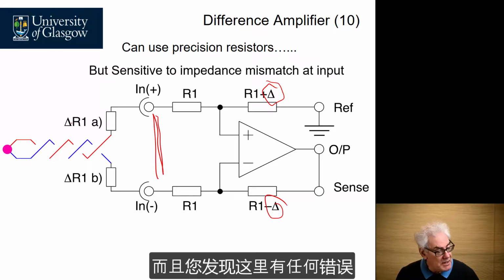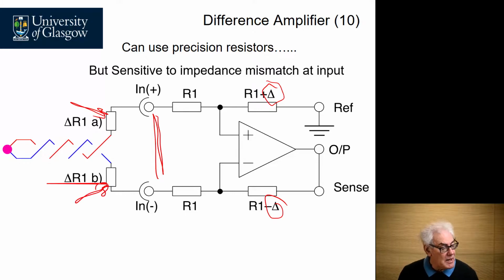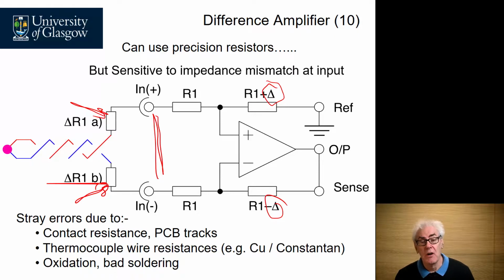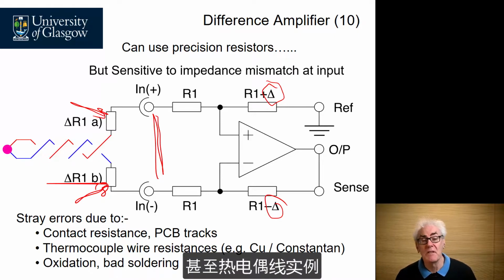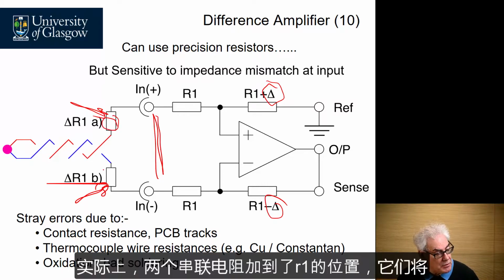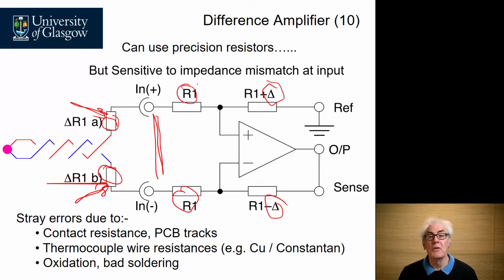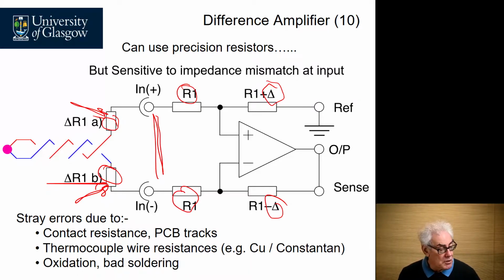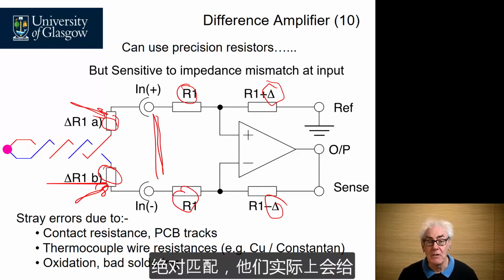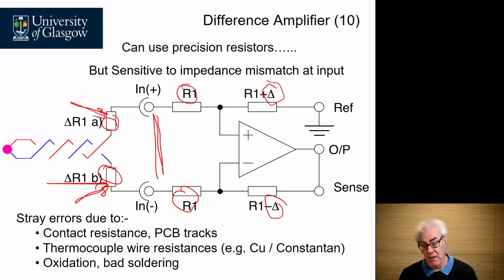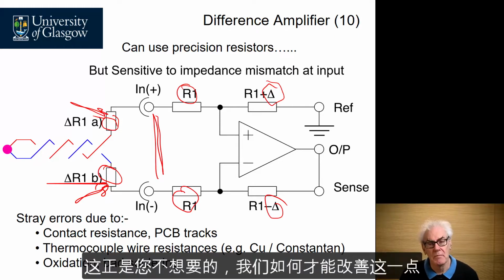And what you discover is that any error here, which could be due to contact resistance or circuit board tracks or even thermocouple wire resistances, will give rise to an error, because these two series resistances add to the R1s here, and they will change the gain. And if those two resistors are not absolutely matched, they will give an increase to the common mode gain of the amplifier, which is exactly what you don't want.